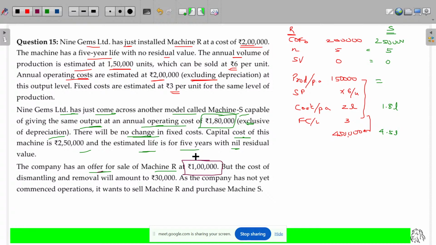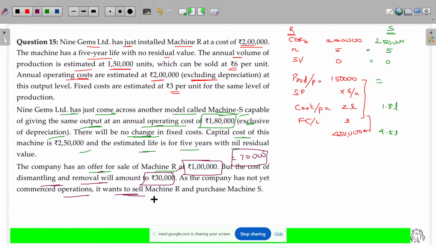You want to shift from R to S, so naturally you have to discard R. To dismantle and sell, you will get 1 lakh, and the cost of dismantling and removal will amount to rupees 30,000. So you will get 70,000 rupees cash flow from shifting from R to S. As the company has not yet commenced operation, it wants to sell machine R and purchase machine S.